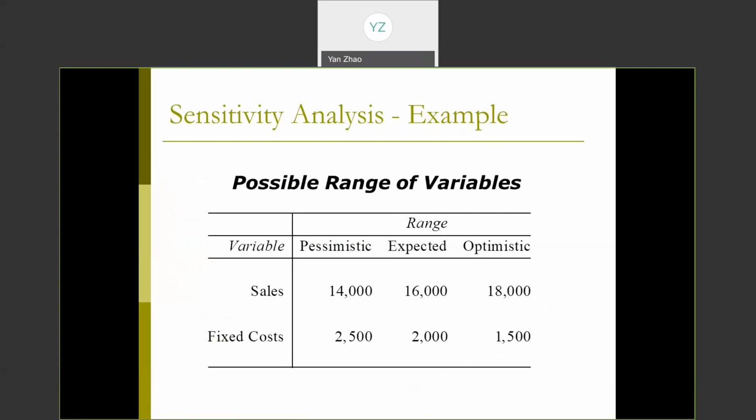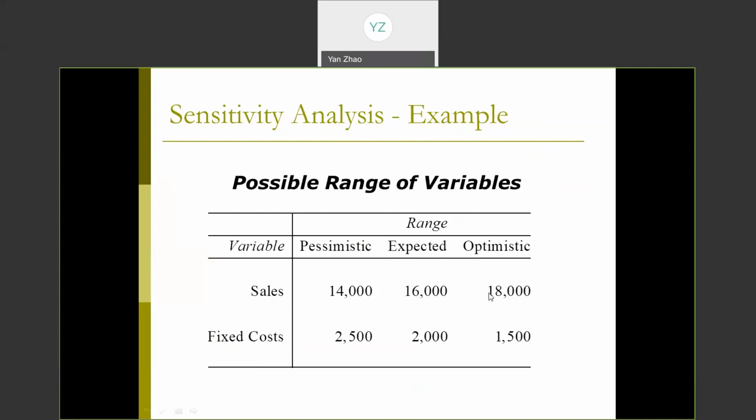So let's do the sensitivity analysis. Suppose we have the sales numbers and the fixed cost numbers changeable. Means in the baseline case, we have $16,000 sales. What if the economy is booming?